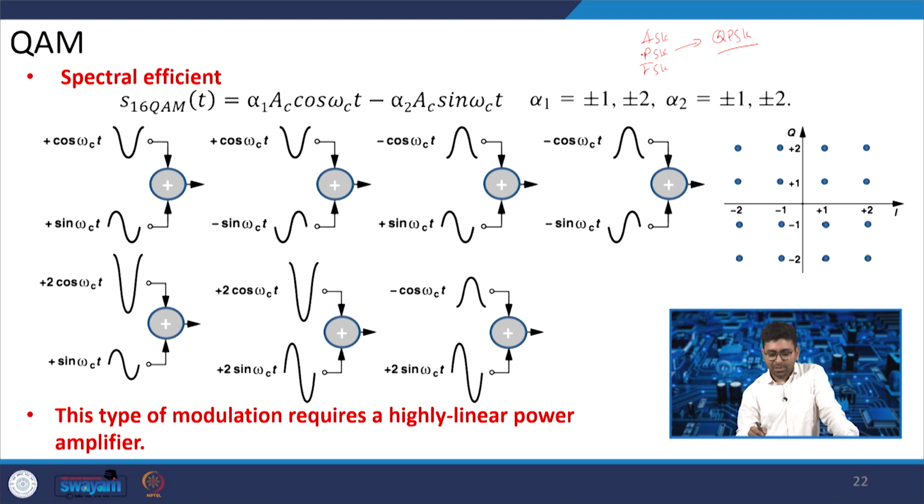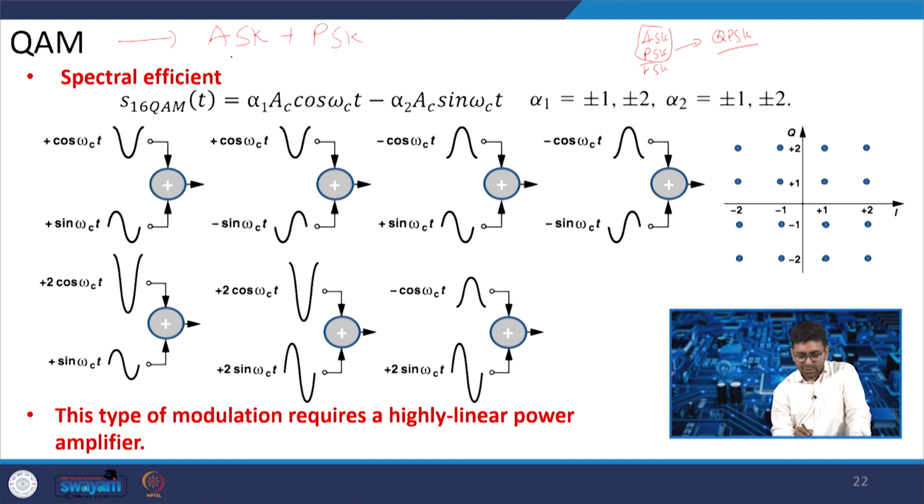If we try a combination of ASK and PSK, QAM is nothing but the combination of ASK plus PSK. So what we are trying to do here is use the amplitude and phase both together to modulate the signal. So it will help us to reduce the bandwidth.